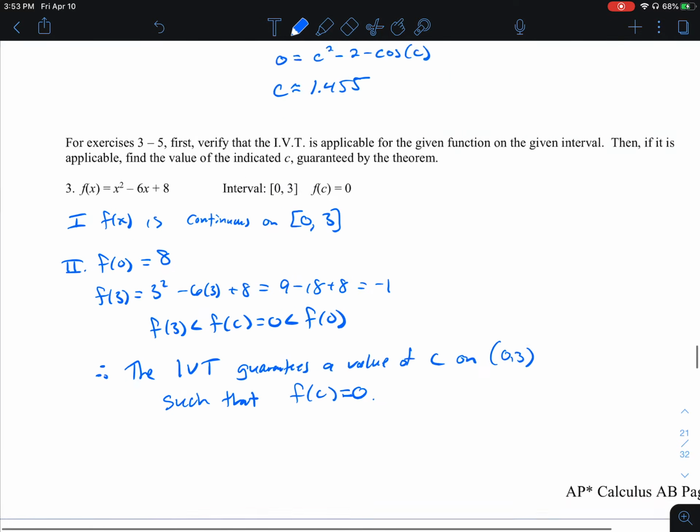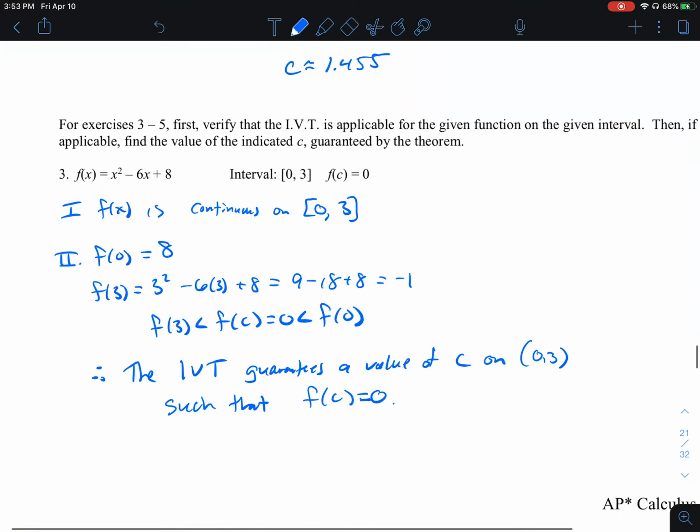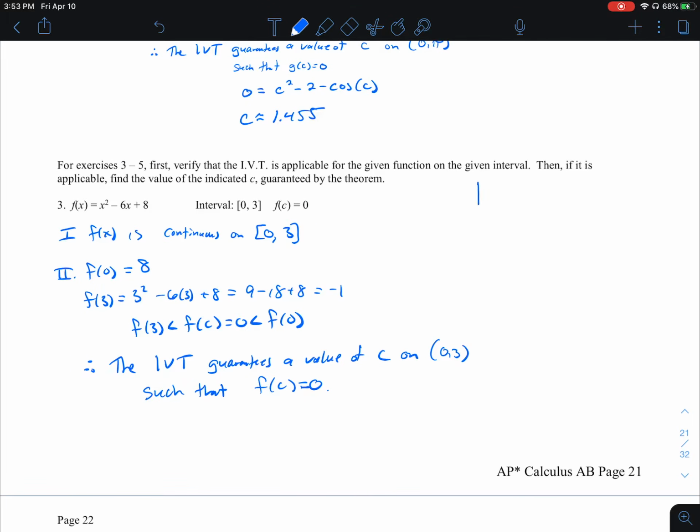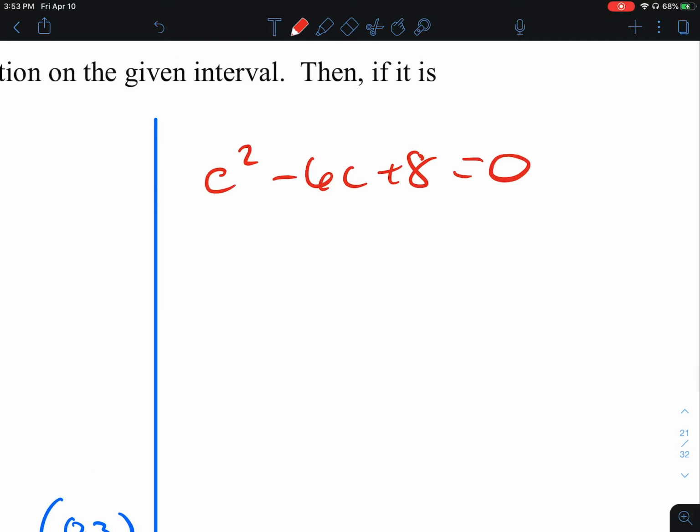It's not always 0, but that's what it was in this problem. We were not told we could use a calculator for this. So we set c squared minus 6c plus 8 equal to 0. I just took this function, set it equal to 0, and replaced the x's with c's.